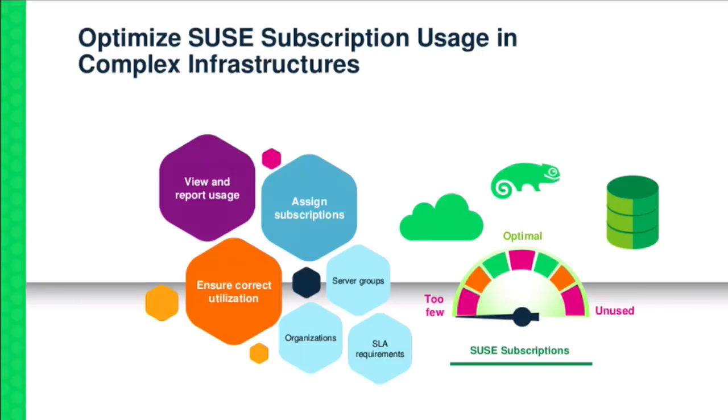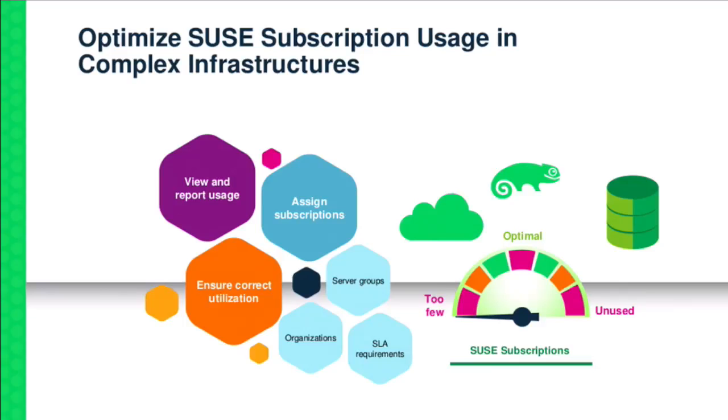Okay. One other feature that we have in SUSE Manager 3 is the subscription matching. What this allows you to do is it matches your systems that are registered in SUSE Manager to the products that you have. So that way you can actually optimize your subscription usage.